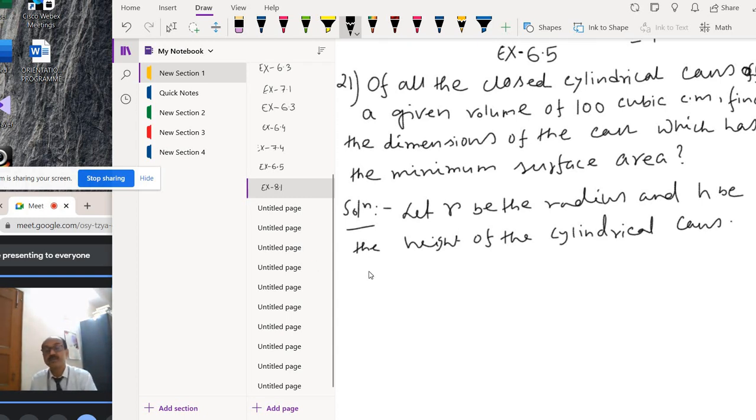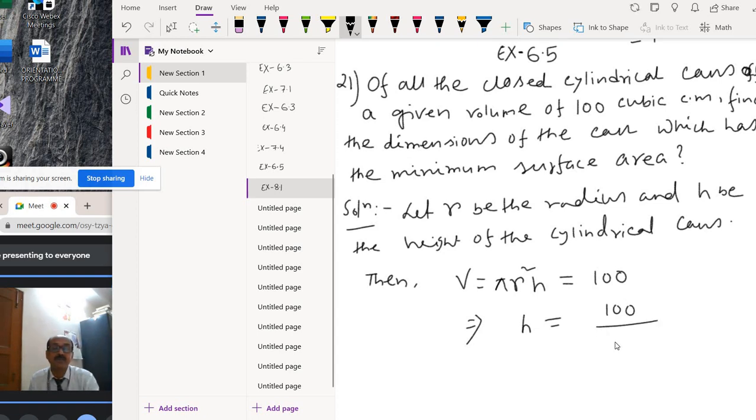Then V equals the volume of the cylinder, with the formula pi r square h, equal to 100 cubic centimeters. So h equals 100 by pi r square.